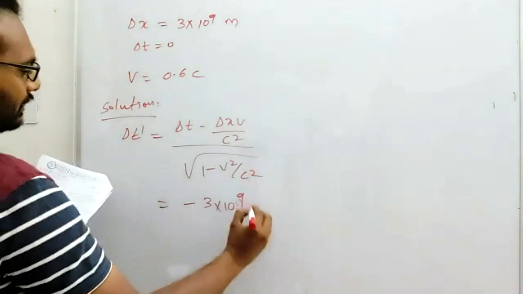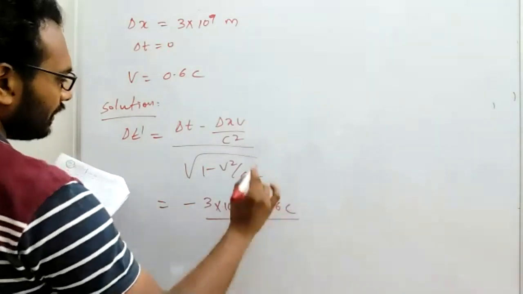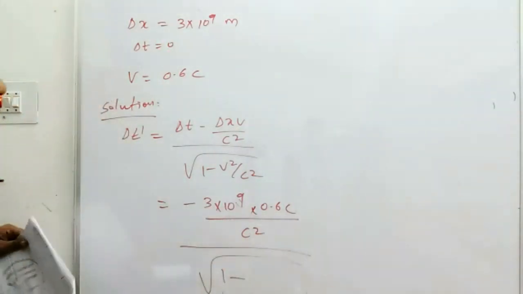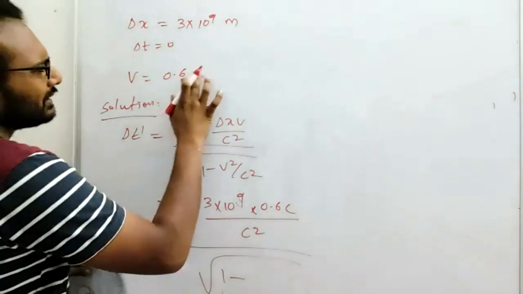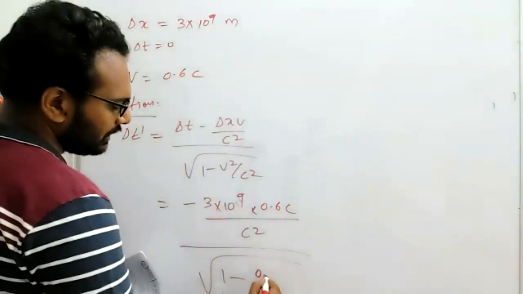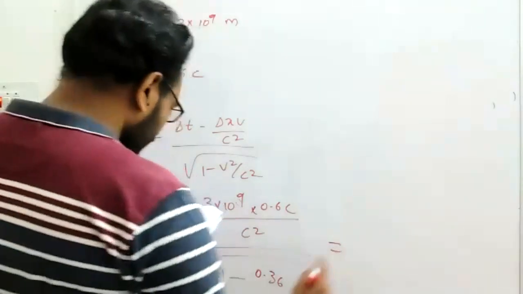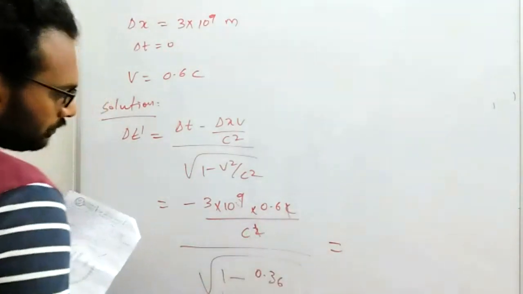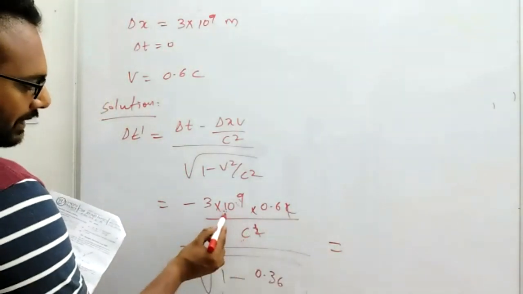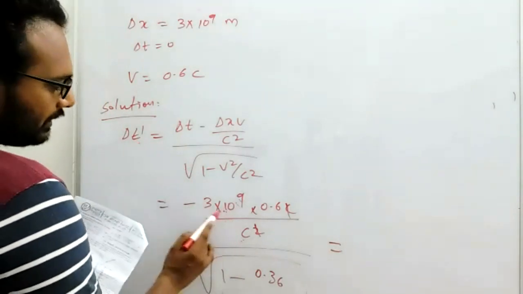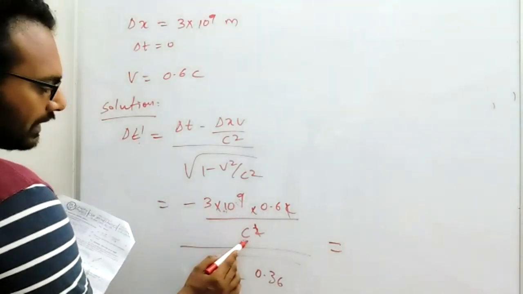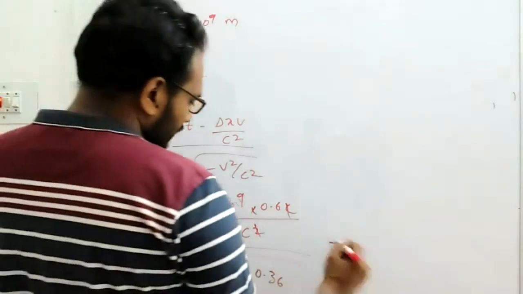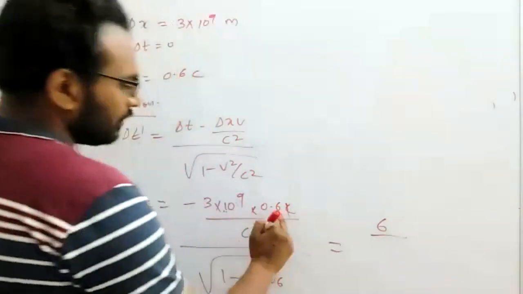And V is 0.6 C divided by C square and divided by square root of 1 minus V square by C square. Okay, so that's 0.6 C square by C square, it's 1 minus 0.36. And you see that these things can be cancelled easily. Because you need to find the time in seconds, this 3 into 10 raised to 9 and this 3 into 10 raised to 8, so that becomes just 10. 10 multiplied by 0.6 is 6.